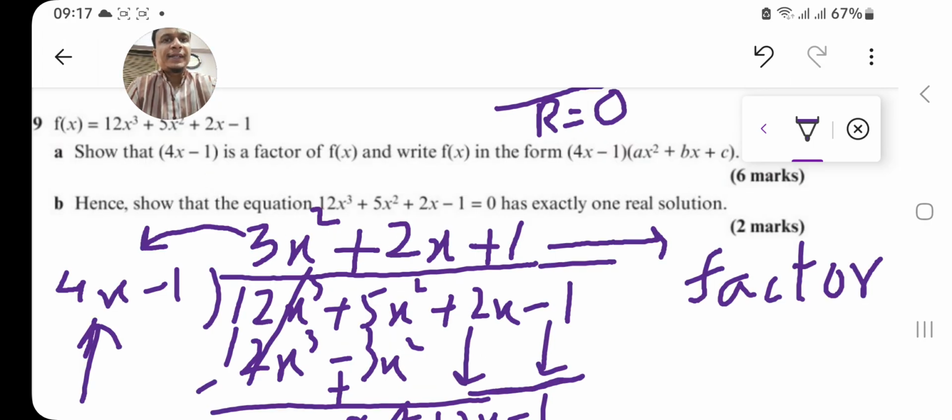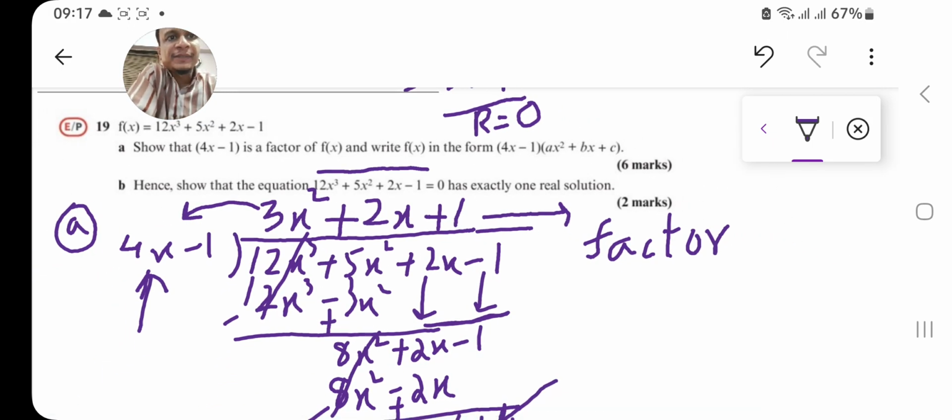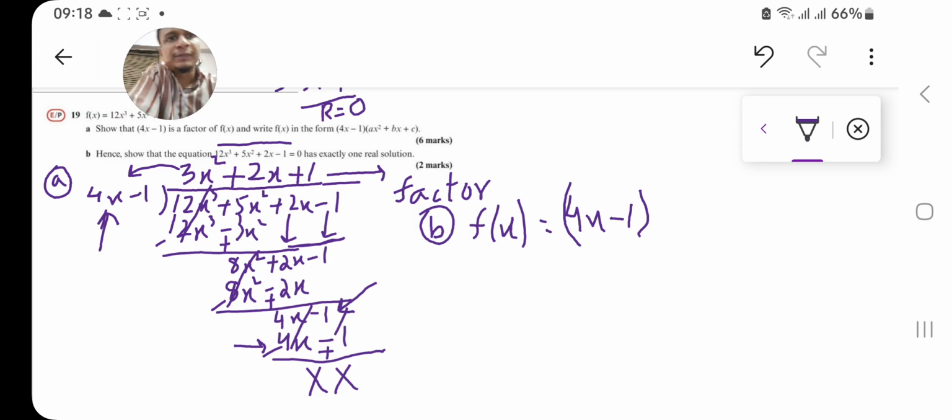Now in part B they are asking to show that the equation 12x cube plus 5x square plus 2x minus 1 has exactly one real solution. I am breaking the cubic equation into linear and quadratic, because you always know that a cubic is the multiplication of one linear equation and one quadratic equation.